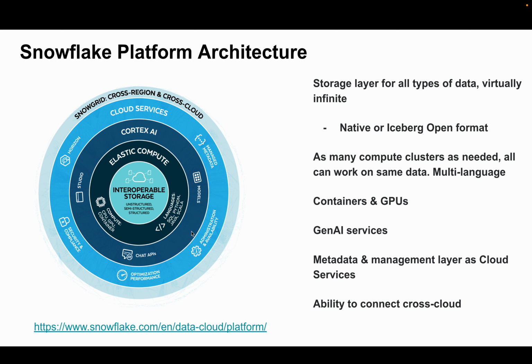The third layer you see here is the Cortex AI layer. Now this is specific to generative AI services which are available in serverless fashion. We can simply invoke the Cortex functions or applications to perform various Gen AI workloads. For example, translating natural languages to SQL queries, or running search services on top of unstructured data, or doing sentiment analysis or translation.